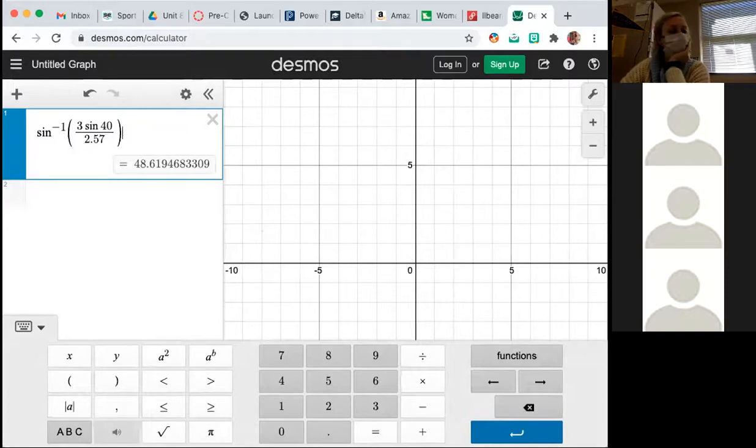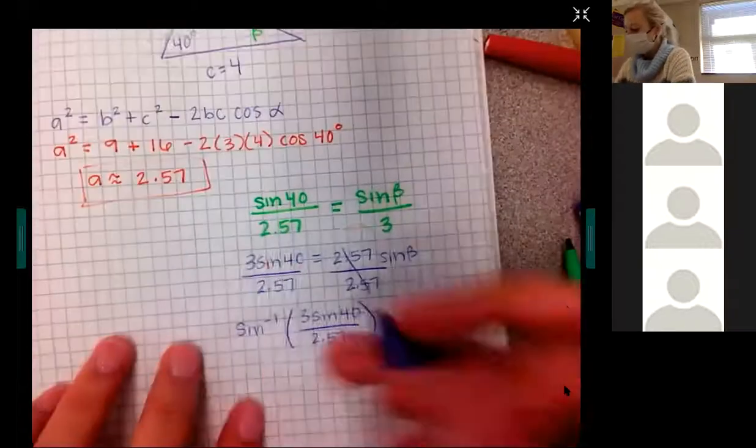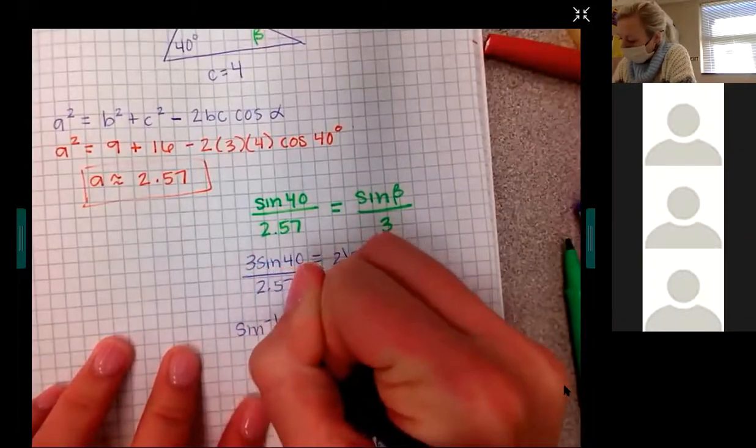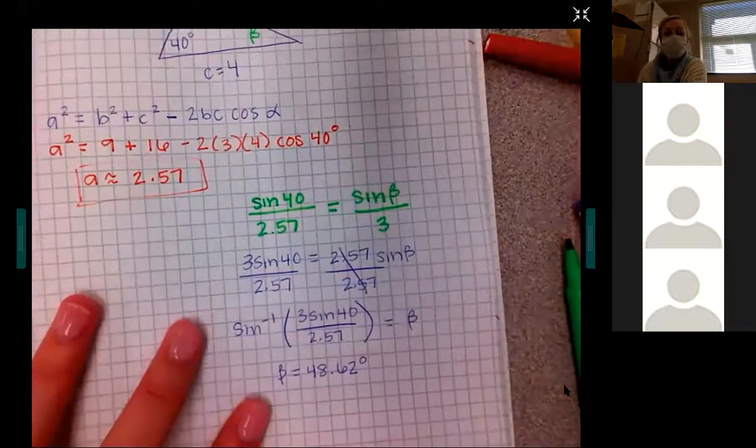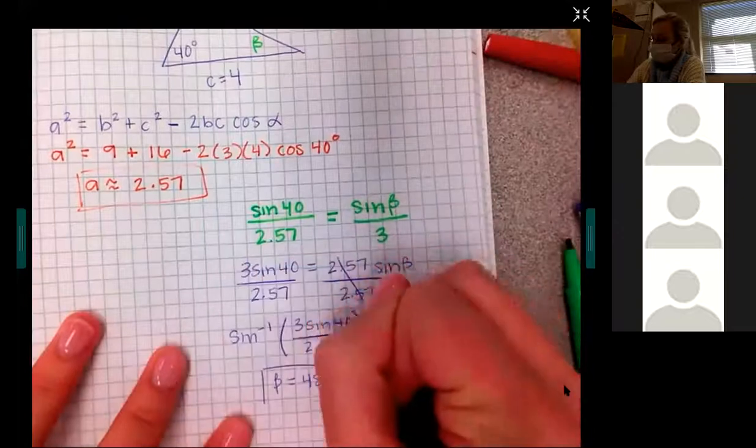Round it for me. 48 point what? Good. 48.62 degrees is what we get for angle beta. 48.62. I'm going back to my paper. People at home, if this is too fast, I need you to say something. Beta is 48.62 degrees.